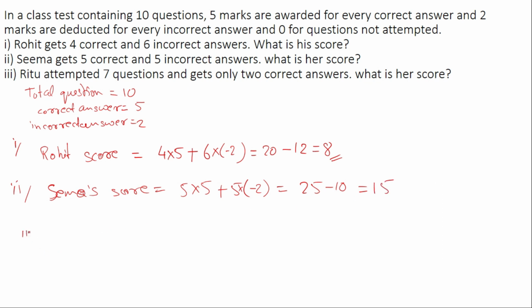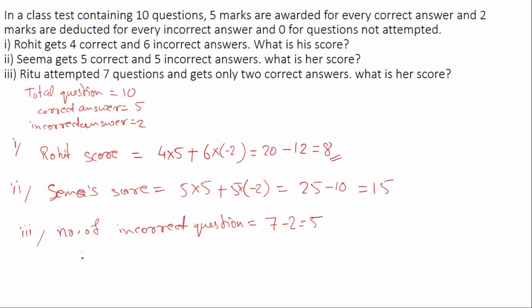Now third question, Ritu attempted 7 questions and got only 2 correct answers. So what is her score? As Ritu attempted 7 questions and only 2 questions are correct, the number of incorrect questions is equal to 7 minus 2 equal to 5.